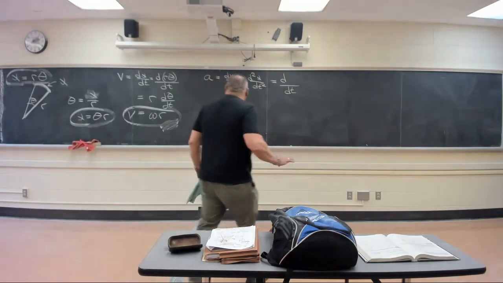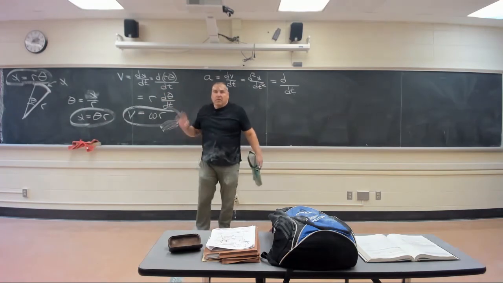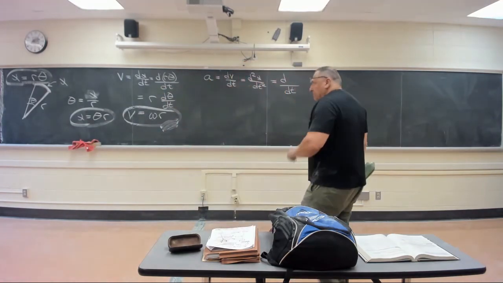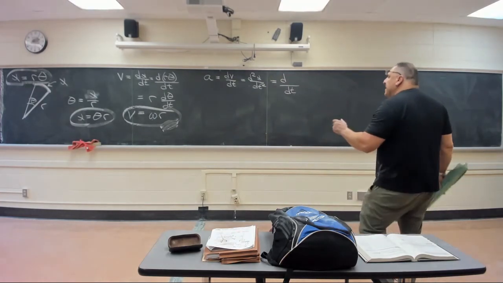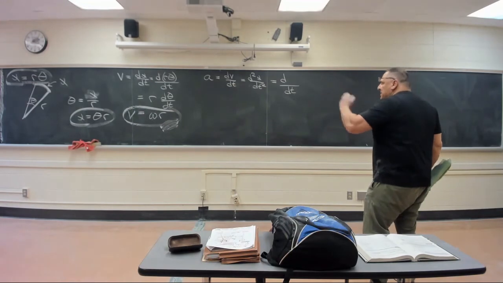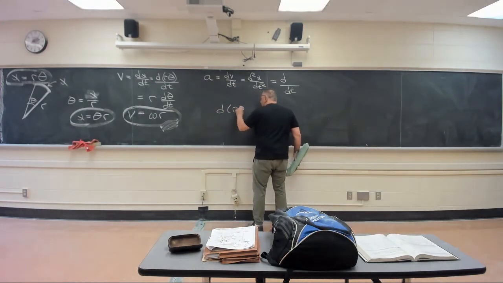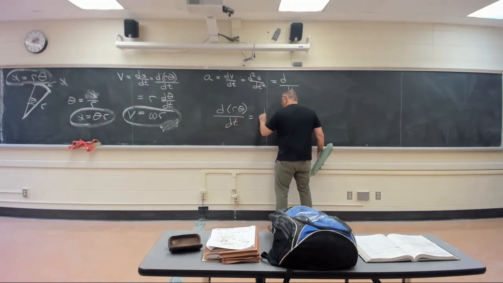If it's not a constant function, then when you're doing this, d/dt of r theta becomes, if r was varying in the strictest sense, that's the product rule.